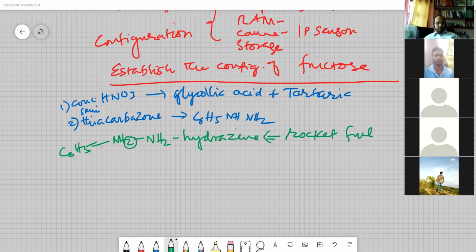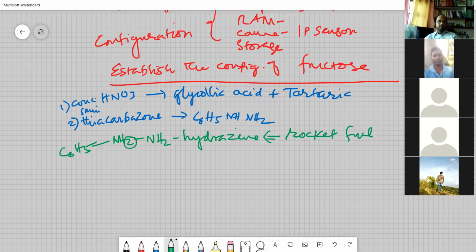So from hydrazine to semithiocarbazide, you are just writing an aromatic compound. What does this aromatic compound do? This aromatic compound reacts with the keto group present there, and the long chain is unaffected. I'll write the structure of fructose and explain how it happens.